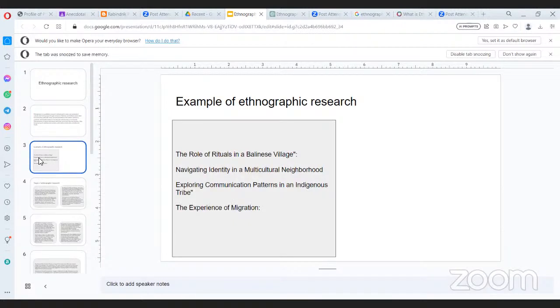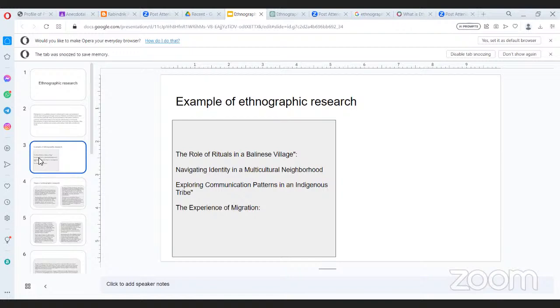Some examples of ethnographic research are the role of rituals in a Balinese village. Those are Balinese villages in Indonesia, and they are maintaining a lot of rituals. So this is one study. Another study, navigating identity in a multicultural neighborhood.